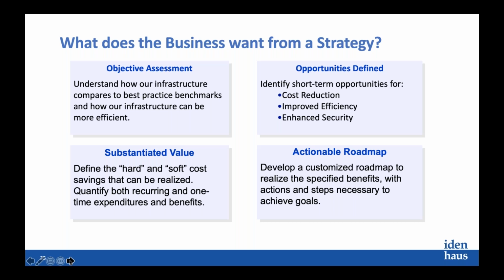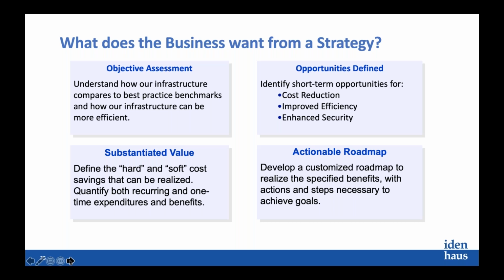Opportunities, how is what we're doing linking the technology to support the business? We prioritize these opportunities based on the business value. Substantiated value, this is the business case to substantiate the value of the program to the business.